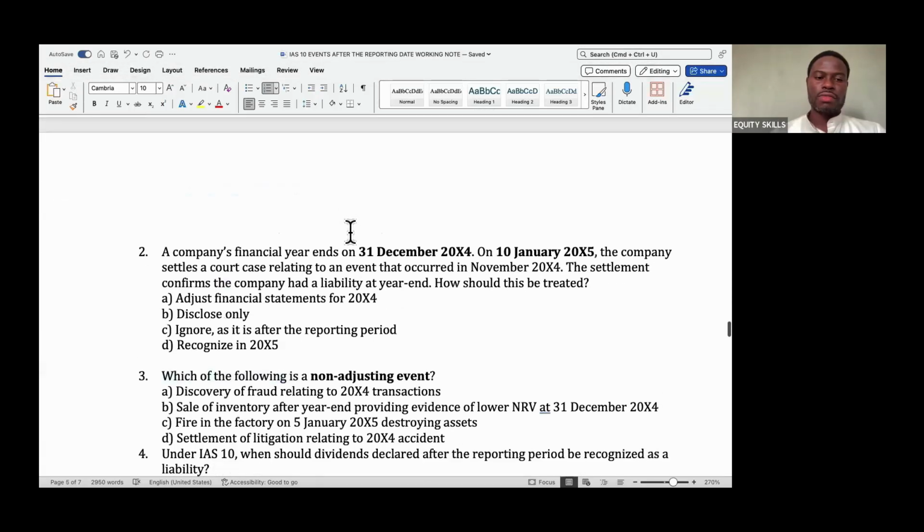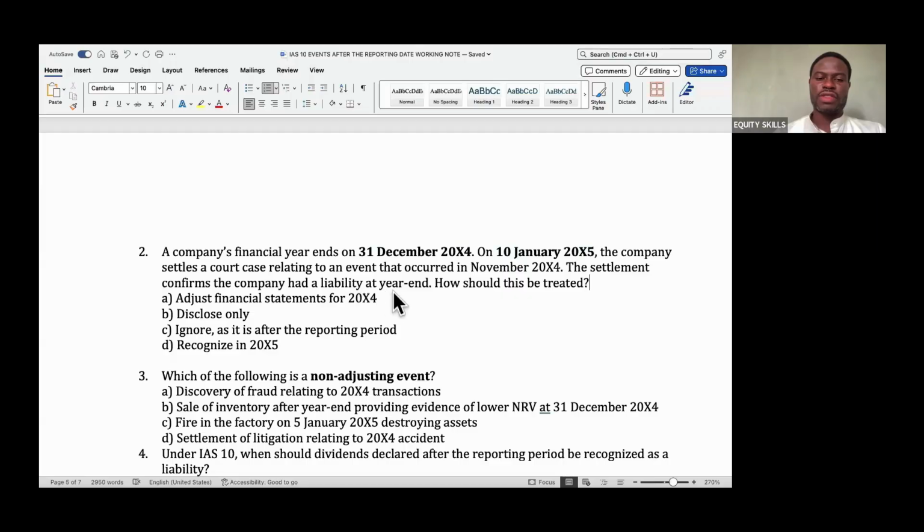Correct. Number two, a company's financial year ends on 31st December 2004. On 10 January 2005, the company settles a court case relating to an event that occurred in November 2004. The settlement confirms the company had the liability at the year end. How should this be treated?